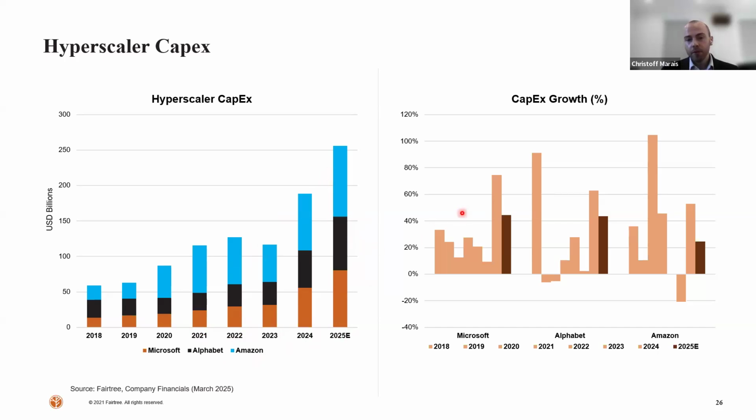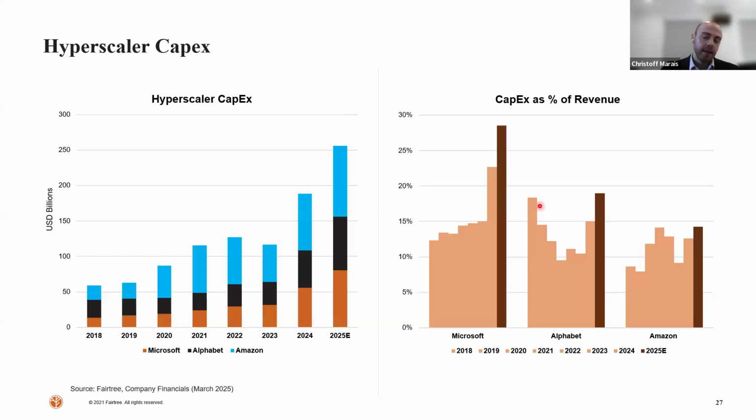On the CapEx growth side, most of the CapEx is currently expected to grow between 20 and 40%. This is significantly ahead of revenue growth for these groups and has led to CapEx as a percentage of revenue increasing significantly. For Microsoft, for instance, this was between 10 and 15% CapEx as a percentage of revenue, and now it's going to be between 25 and 30%, which is a huge amount of reinvestment being spent into the business.